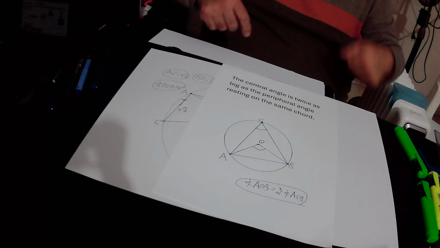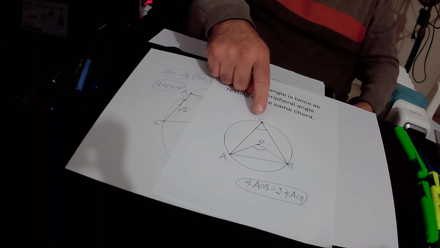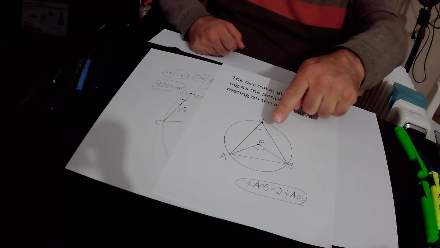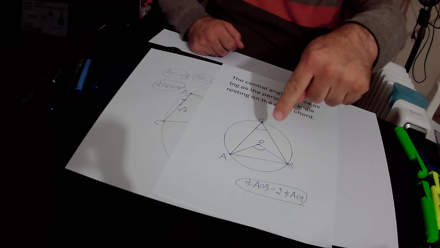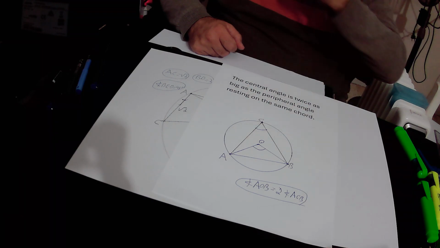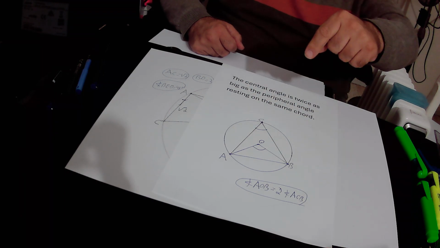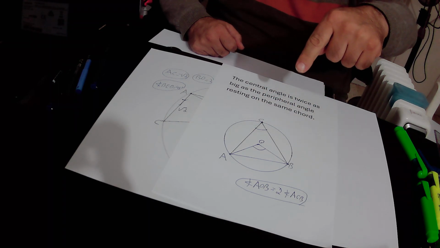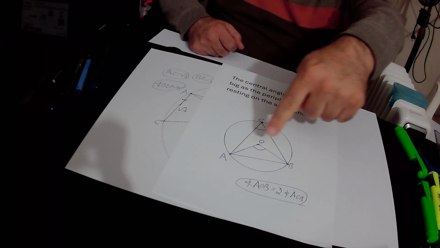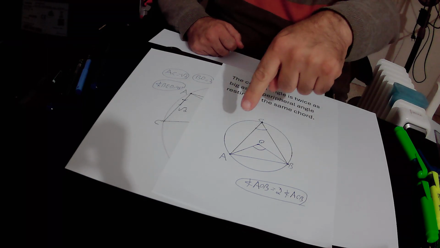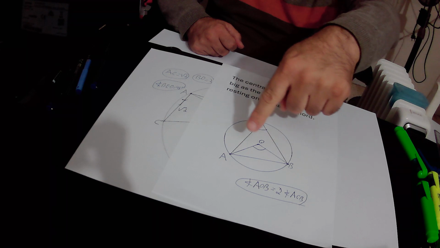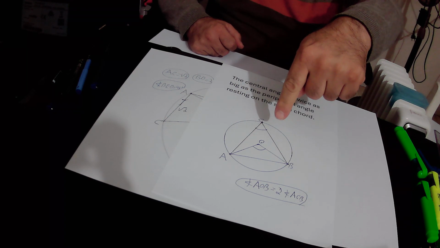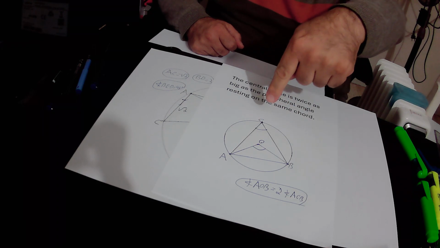So we have here peripheral angle ACB, and this is the central angle AOB. And according to this rule, because the central angle AOB rests on chord AB and the peripheral angle ACB rests on the same chord AB, therefore the central angle AOB is twice as big as the peripheral angle ACB.